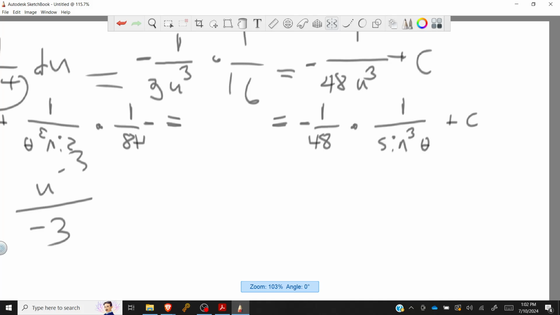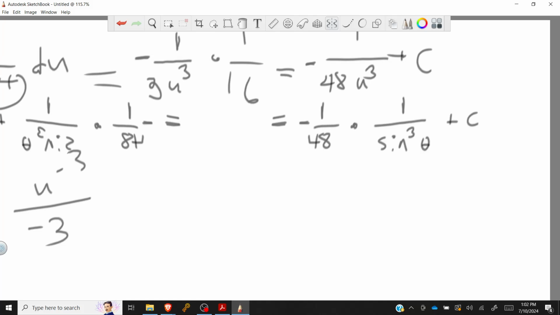So we're going to have sine cubed on the bottom. And if you remember, tangent over secant equals sine.